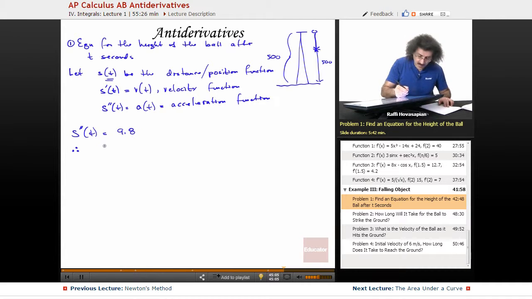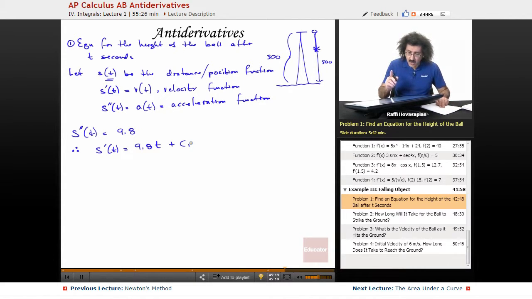Therefore, s prime of t, when I take the first antiderivative, is just going to equal 9.8t plus c1. Well, what do I know? I know that s prime is the velocity. The velocity at time 0, which is s prime of 0, is 0, because I'm just dropping it from rest.